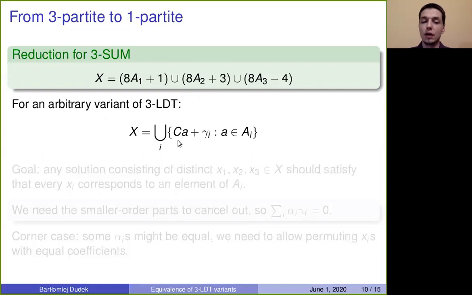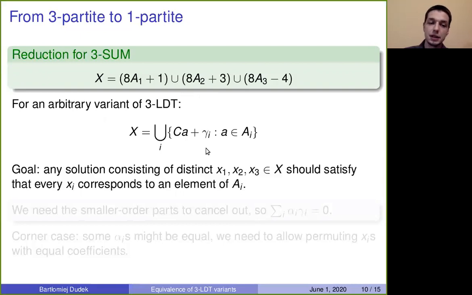So we'll try to find a constant C and other constants gamma i, which are good. What does it mean? It means that any solution consisting of distinct elements x1, x2, x3 from X satisfies that every element xi corresponds to an element of set A sub i. So that's what we need to achieve.